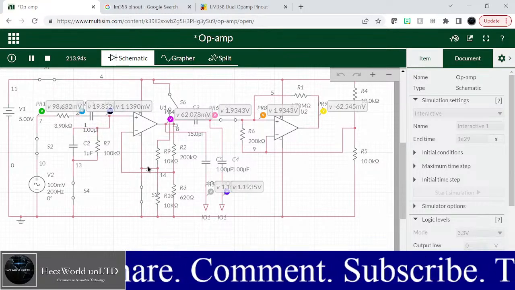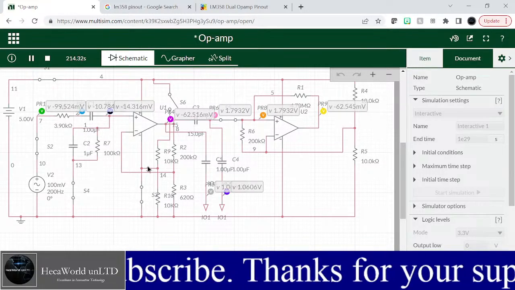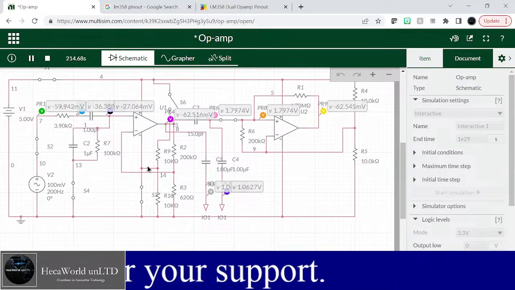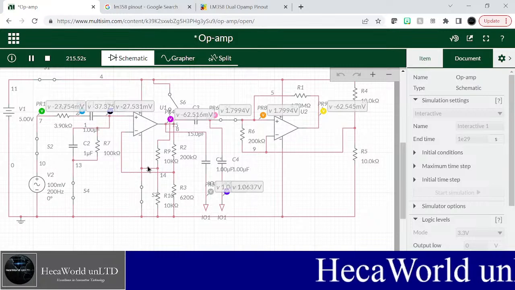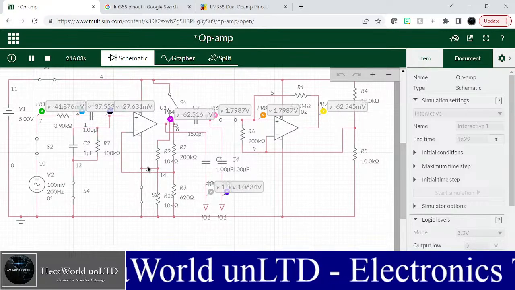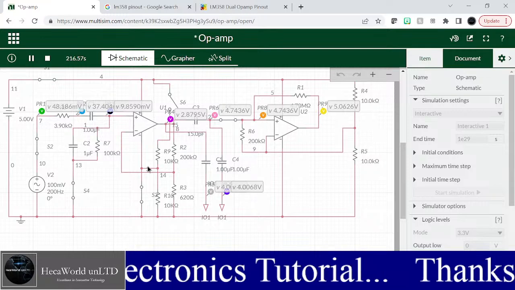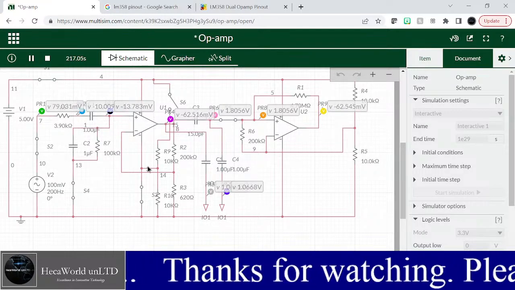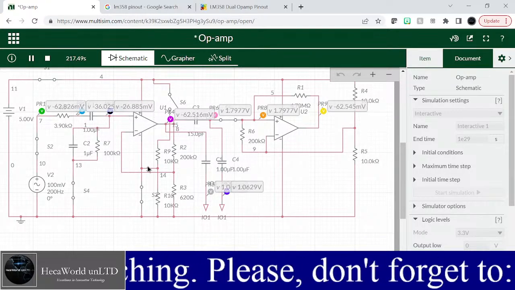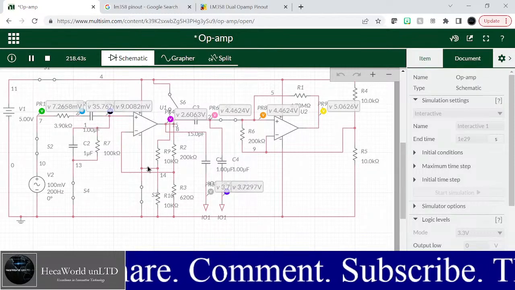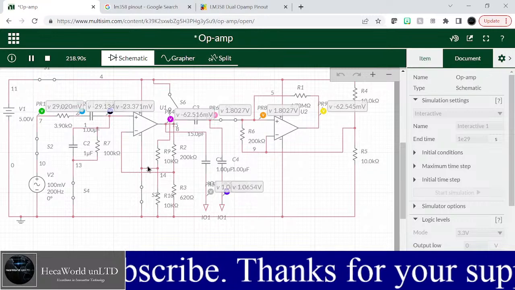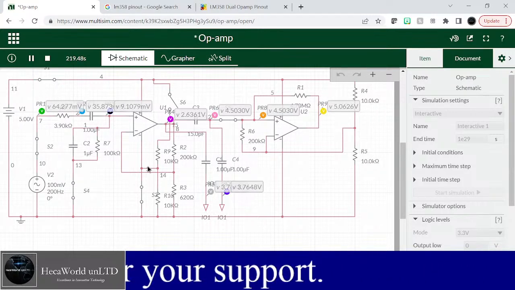In this circuit, we have a single power supply, and that is one of the problems. When you send a sinusoidal wave, there's no way to generate the negative half because you have a single power supply. To fix this problem, you have to create a dual power supply, or you just do what we did. You use a voltage divider to create a virtual ground, or virtual earth.